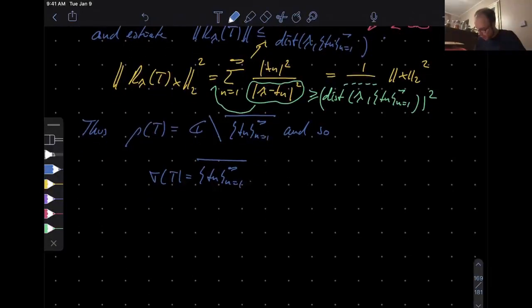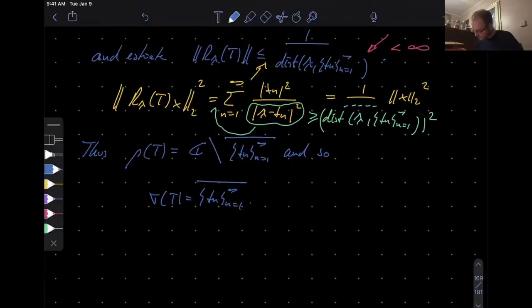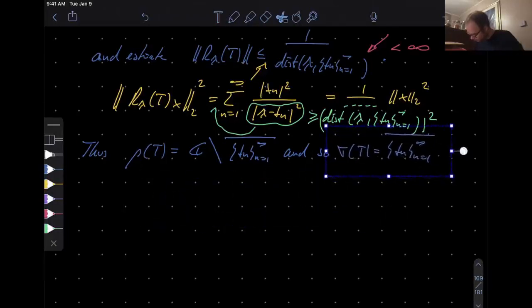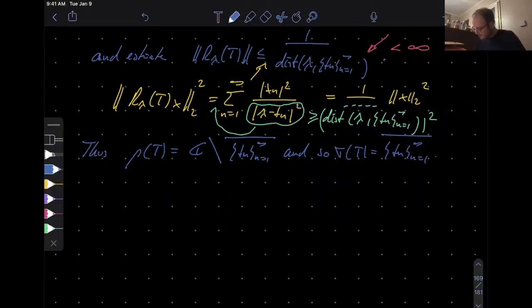But this is easy. Maybe let's move this up here. Why is it easy? Well, because we know something about the multiplication operator. So recall that T is normal.